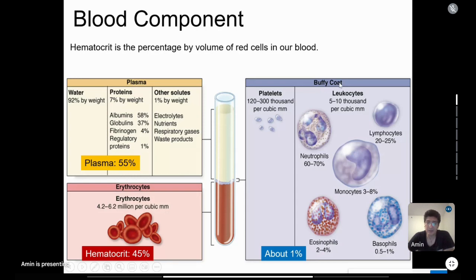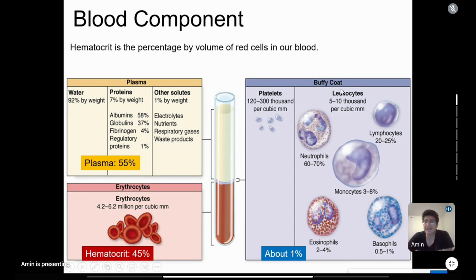Erythrocytes are in the bottom area and the buffy coat in the middle area, about 1%. It includes platelets, about 120 to 300,000 per cubic millimeter in whole blood tissue.